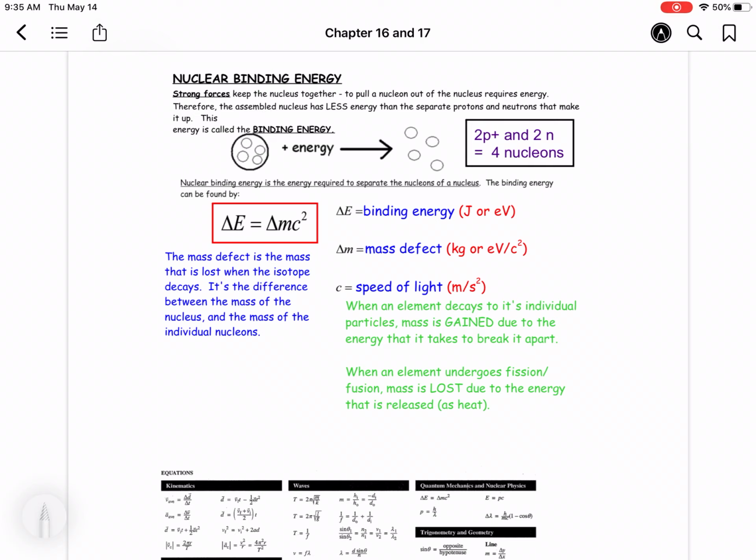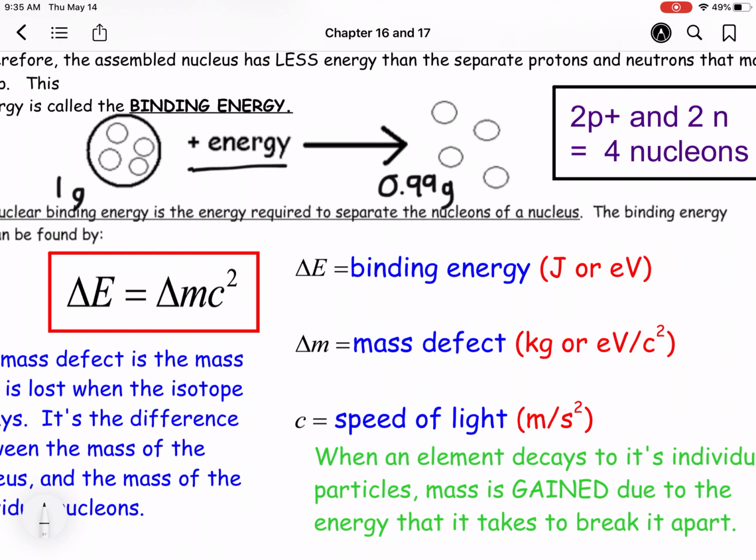I'm just going to give a very simplistic example. If this weighed 1 gram, then separate they might weigh 0.99 grams. The difference in mass is how much energy it takes to separate something.